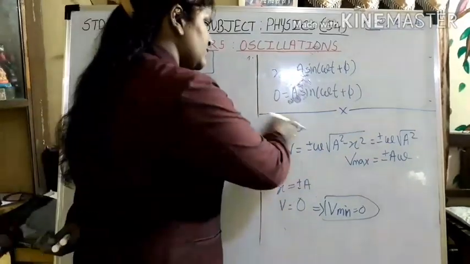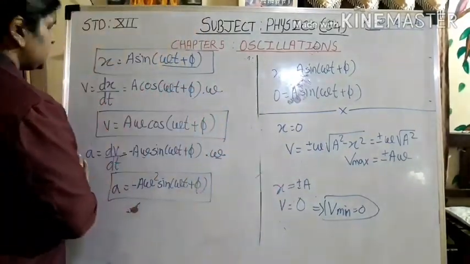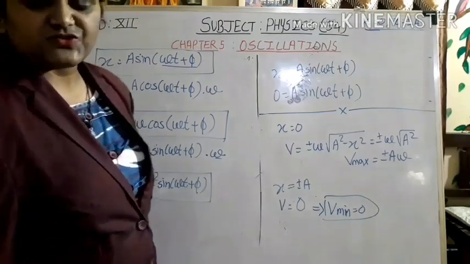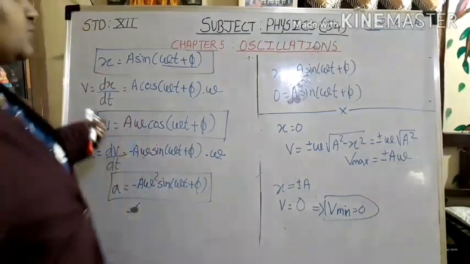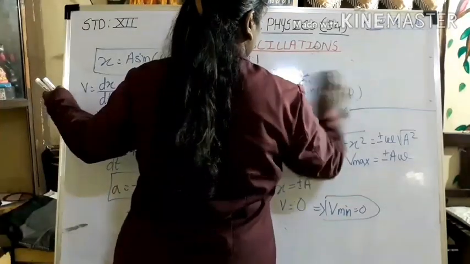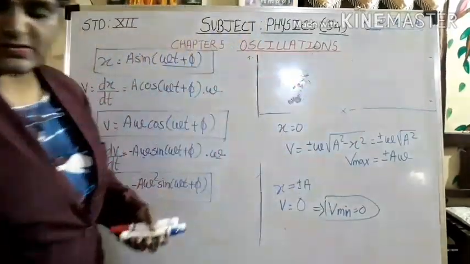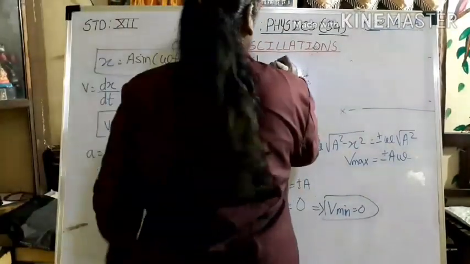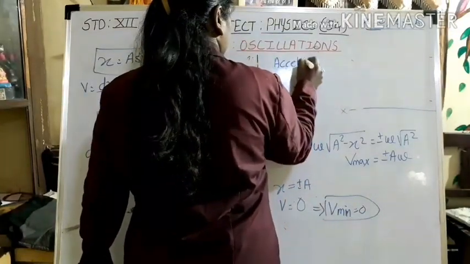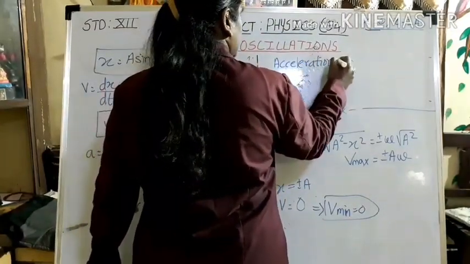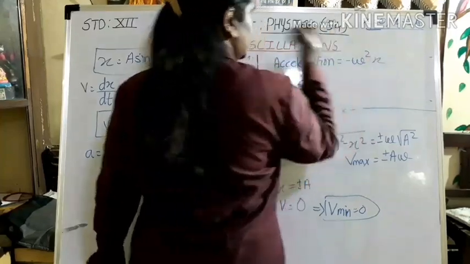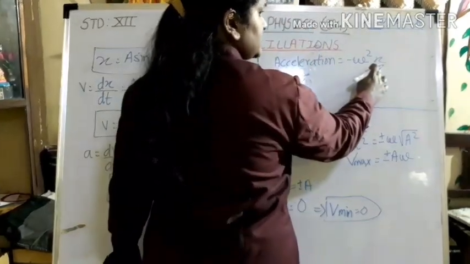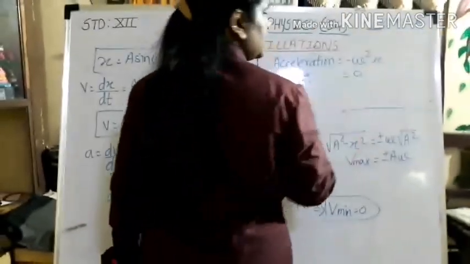In the same way, you can find out minimum and maximum values for acceleration. How? We are going to use the basic equation for acceleration, which is minus omega square x. That is the easiest. Acceleration is equal to minus omega square x, right? So if x is equal to 0, this becomes 0.